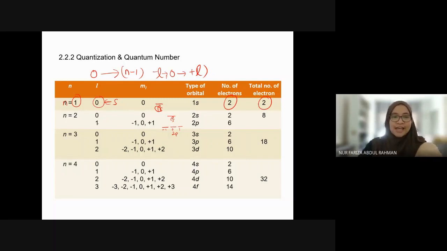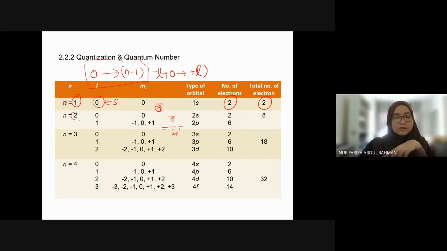As I said earlier, n equal to 2 has no d orbital because L is only 0 and 1. In order to have a d orbital, we need L equal to 2. L equal to 2 is not allowed because it doesn't satisfy the condition.